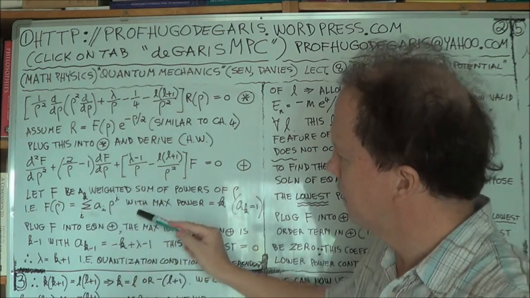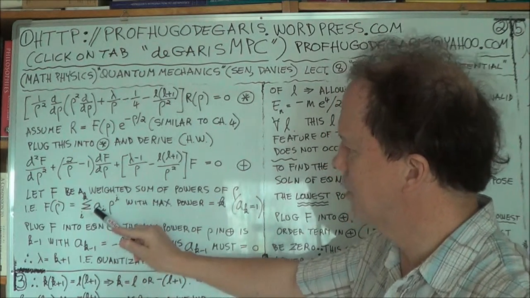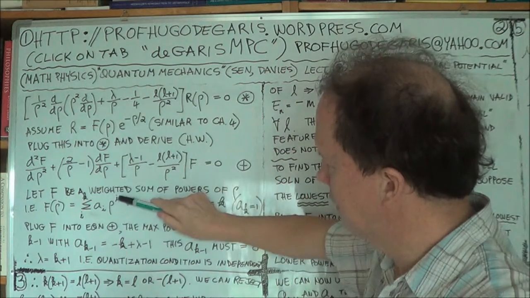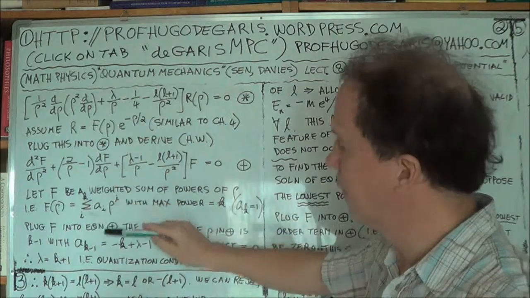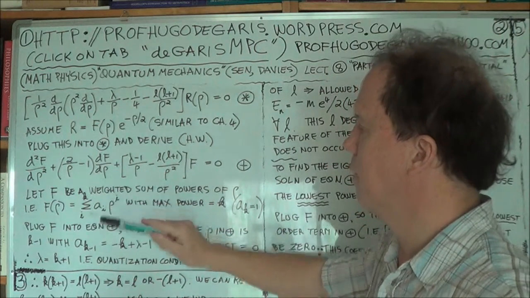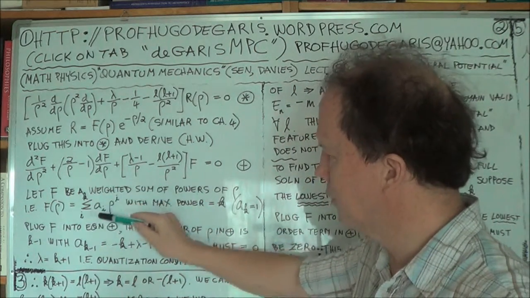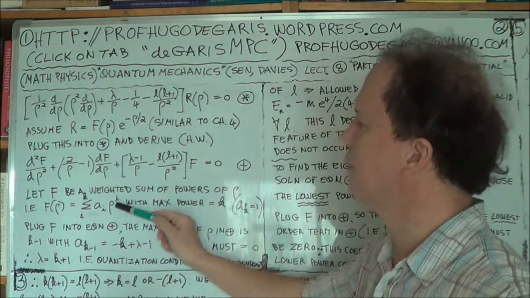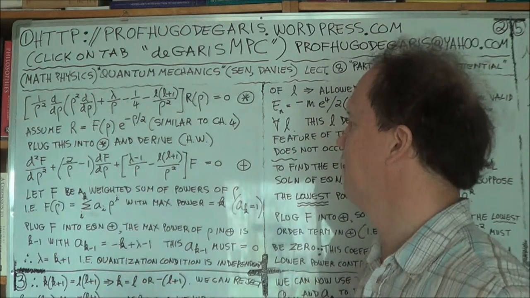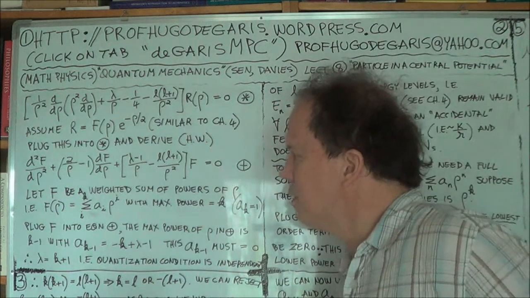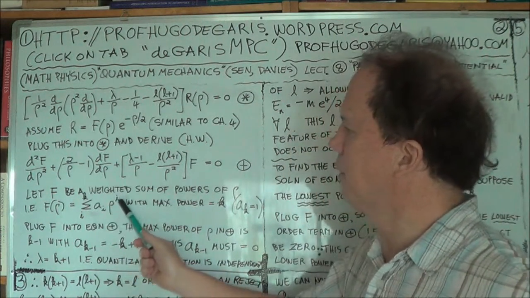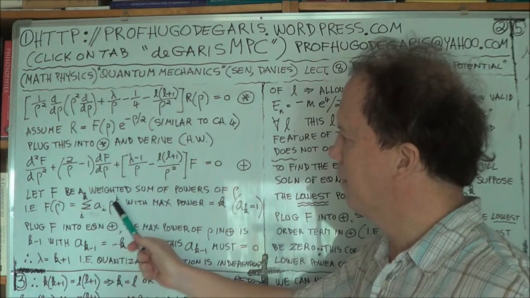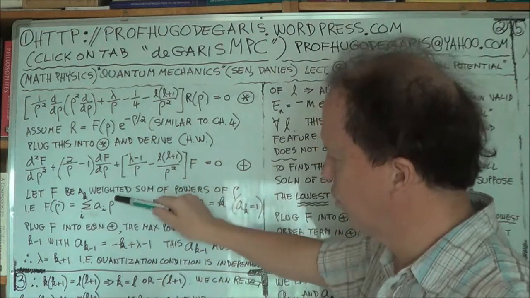So you've got these coefficients of powers. These i's here are just integers, right? So powers of rho weighted by some coefficient, and then all these weighted powers of rho are summed. And let's assume that the highest power here, it won't go on to infinity, but there's a greatest power here.